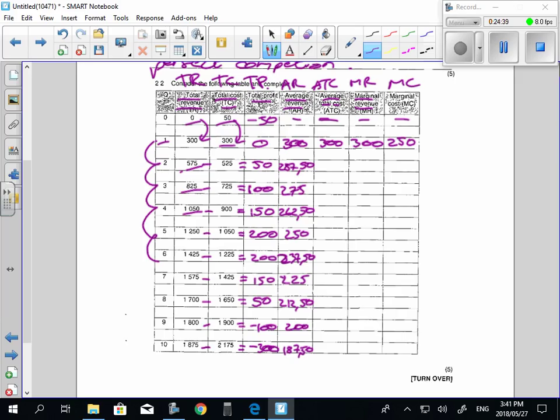Your average total cost is total cost divided by quantity. So you do the same thing there. In this case, you divide 525 by 2, which is 262.50.